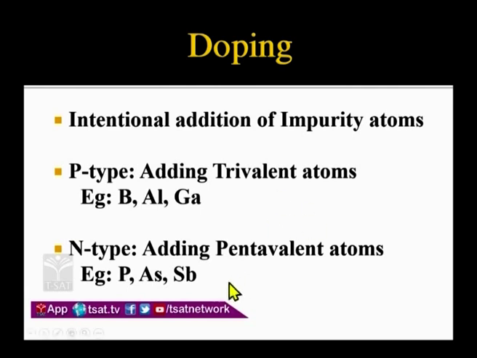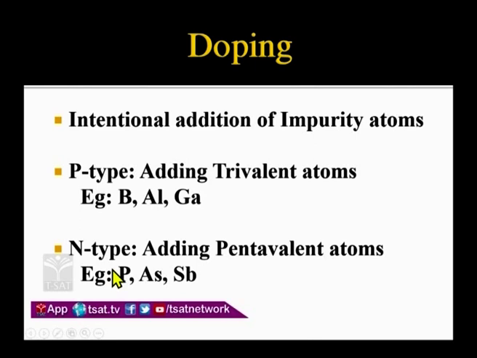You can also add 5 valency atoms, those are phosphorus, arsenic and antimony. Those are pentavalent atoms. If you add that type of atoms to the semiconductor, then that type of semiconductor is called an n-type semiconductor.